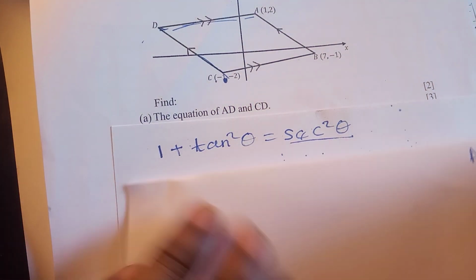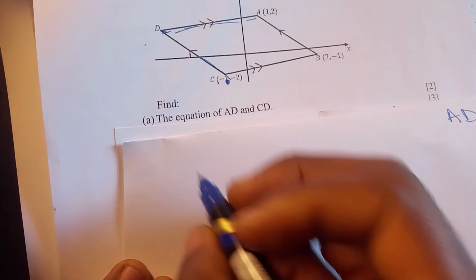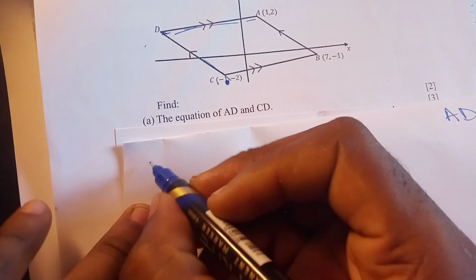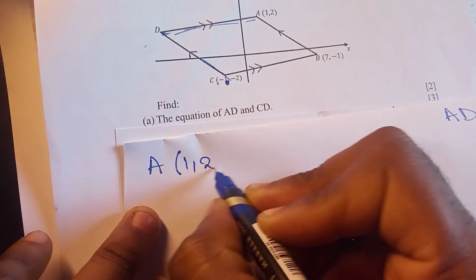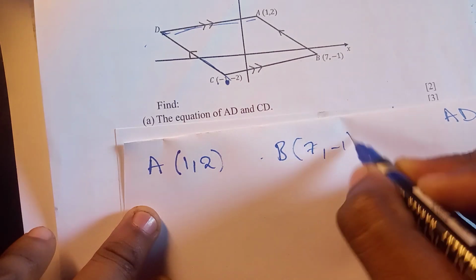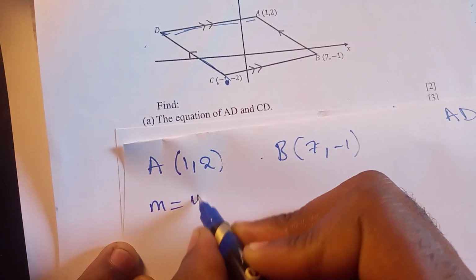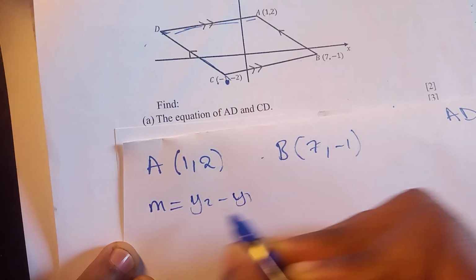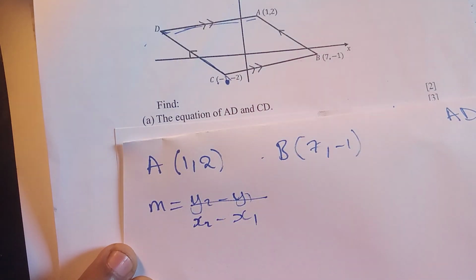To find the gradient of AB, we have the coordinates (1, 2) and (7, -1). So our gradient here will be y2 minus y1, everything over x2 minus x1.